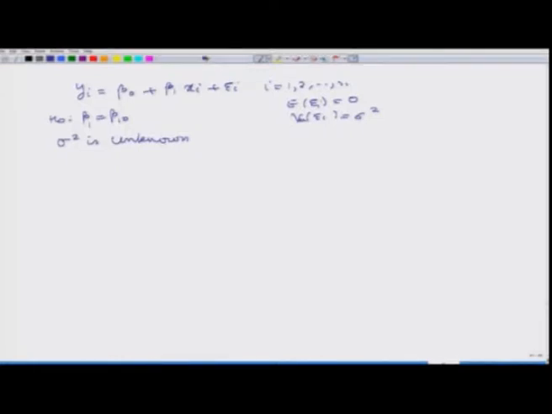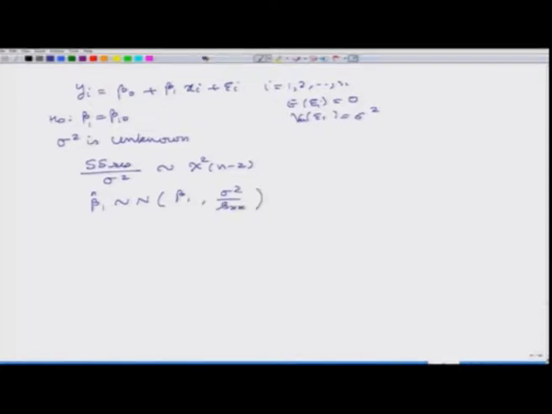So we know that SSres, the residual sum of squares, divided by sigma square follows a chi-square distribution with n minus 2 degrees of freedom. We have also seen that beta_1 hat follows a normal distribution with mean beta_1 and variance sigma square upon Sxx.